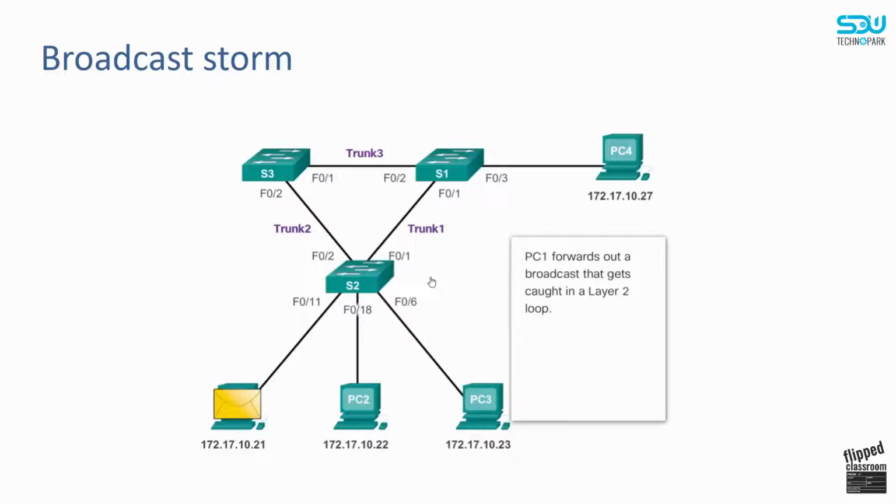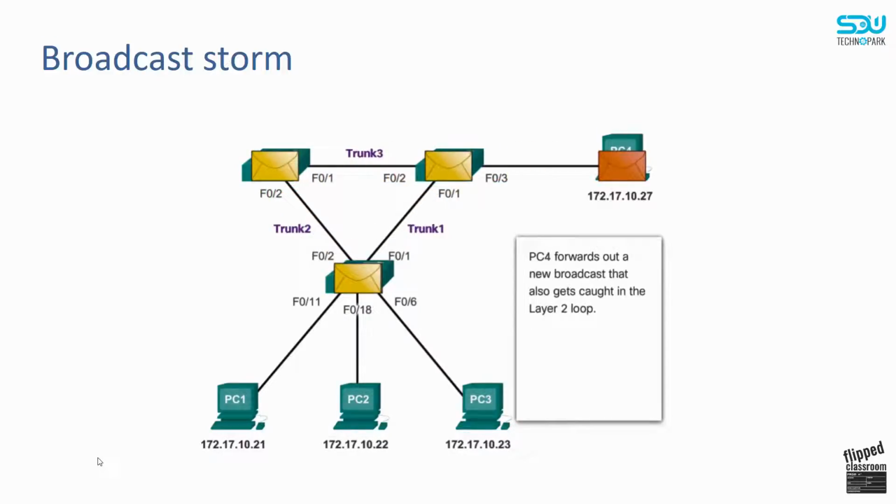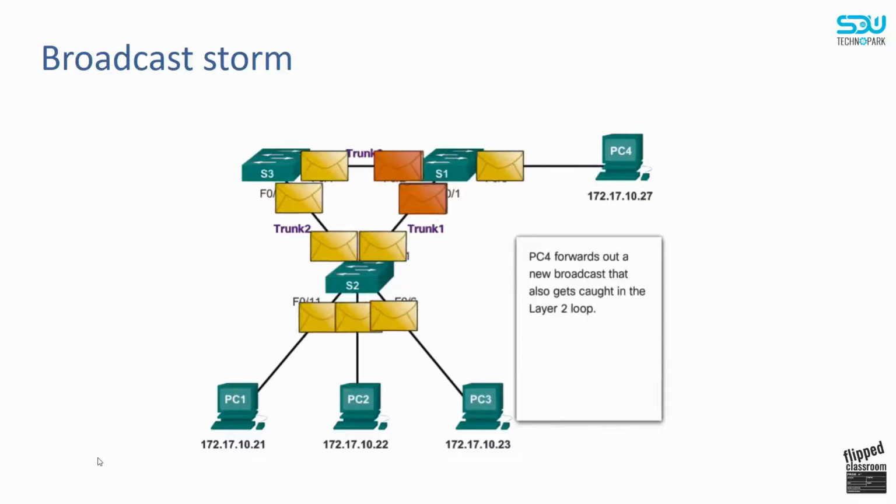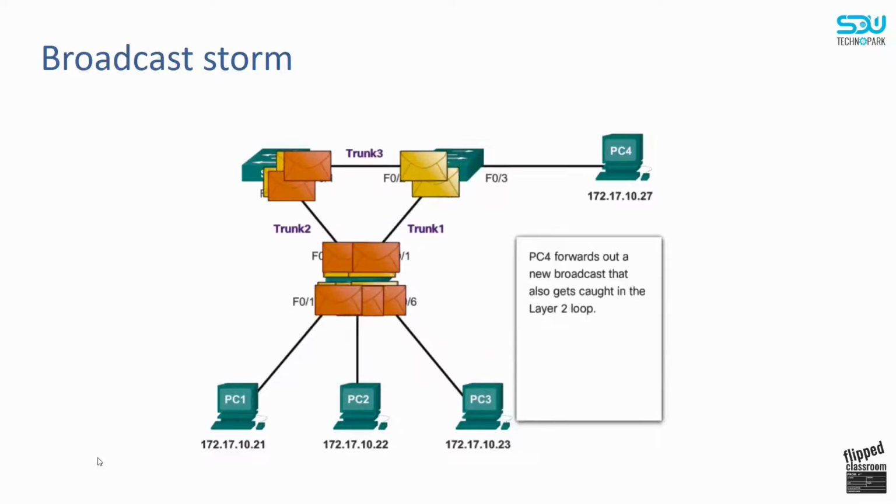Also, another big issue is the broadcast storm. Let's take a look at the same scenario where PC1 is sending the broadcast and two switches are receiving it, and afterward they resend these broadcast messages, and again they resend these messages until the moment when our network will be damaged.